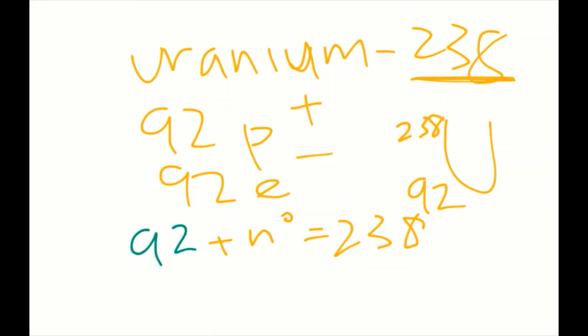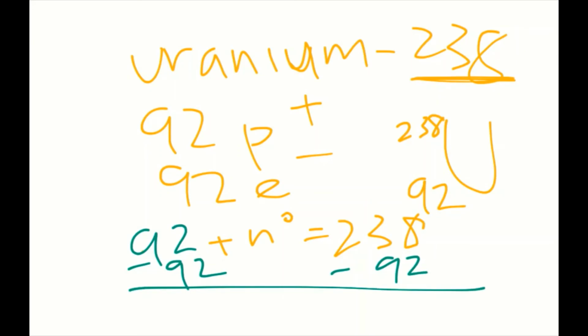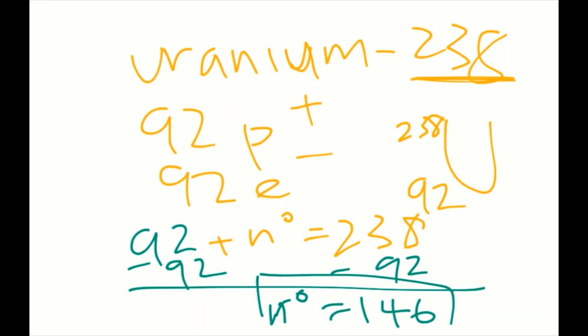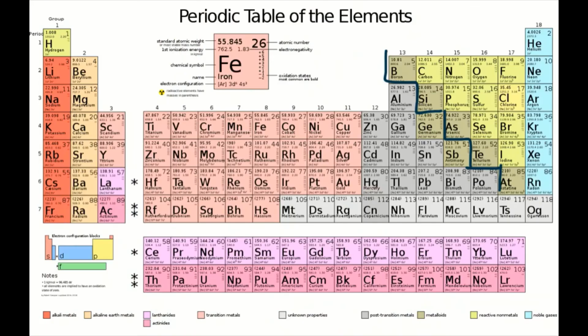So we do some algebra, minus 92, and we get that the number of neutrons is 146. So the number of neutrons in uranium-238 is exactly 146. Now that we covered that, let's move on to our next topic.